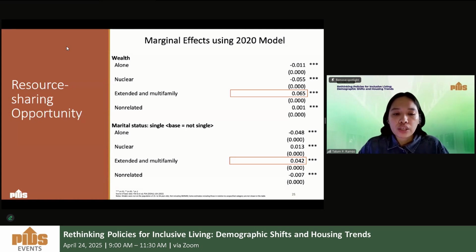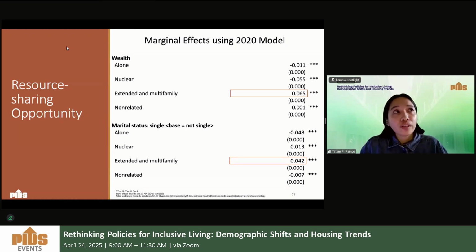And this opportunity seems to be taken advantage of as well by those individuals whose marital status were single. So compared to those who were not single, those who are single had a higher probability of being in an extended and multifamily household by around 4.2 percentage points.